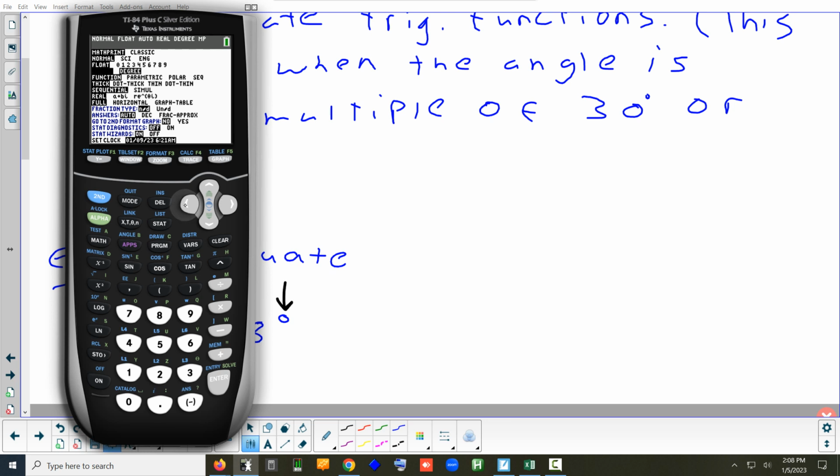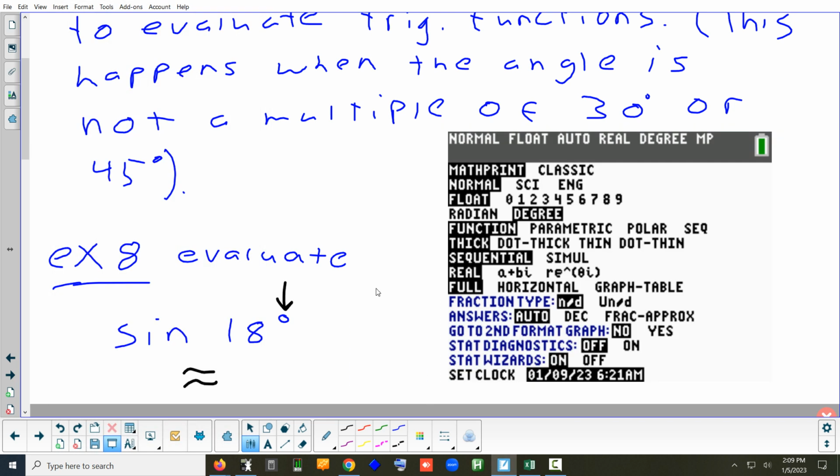If your calculator is in radians, then you're going to be doing the sine of 18 radians. That's a totally different problem. So you turn it on, put it in degrees. If you switched it to degrees correctly after you press the mode button, it should say degrees at the top. If it still says radians there, then you have not changed it to degrees.